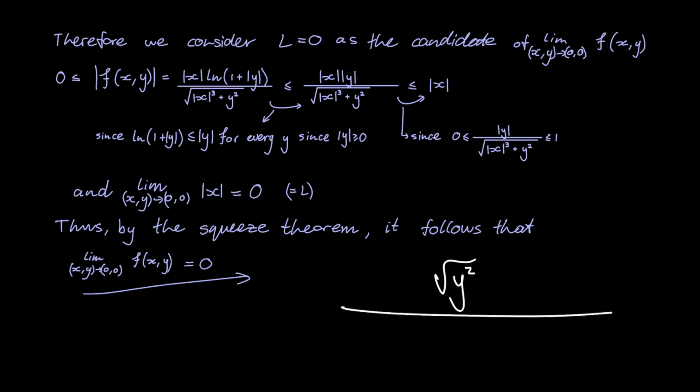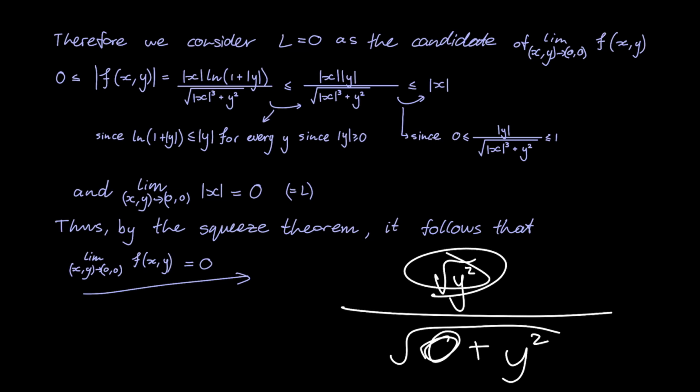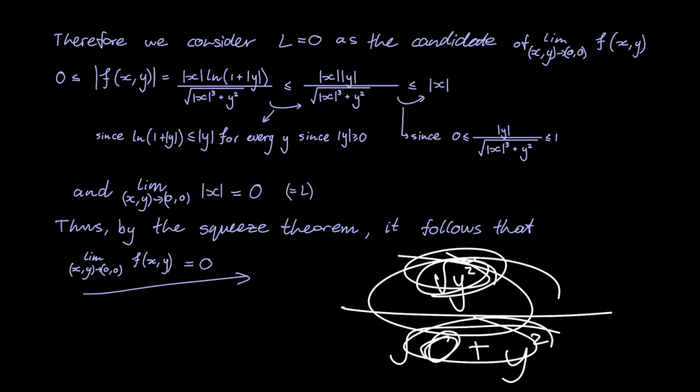And in the denominator, we have y squared plus some positive number. And so you can therefore see that the square root of y squared plus a positive number is going to be greater than the square root of y squared. And so that then must lie below 1. It must be less than 1. But since both of those are positive, it must also be greater than 0. So we get then that it lies between 0 and 1.